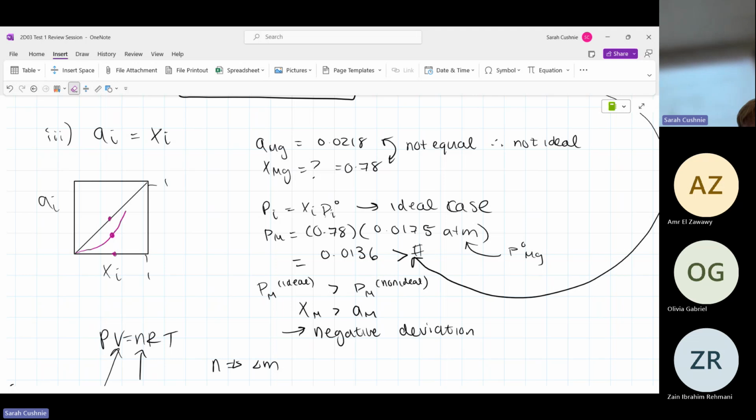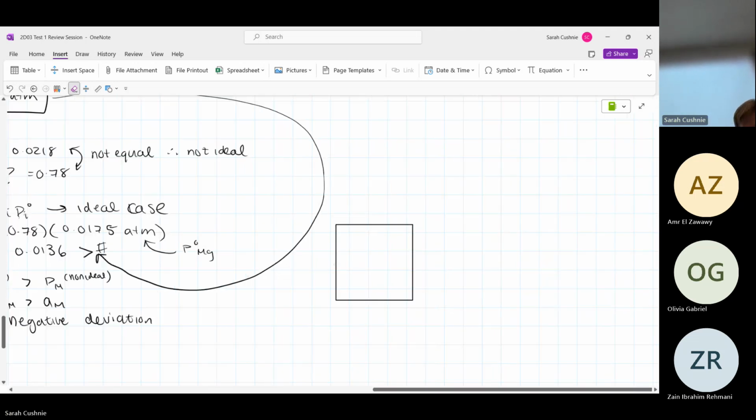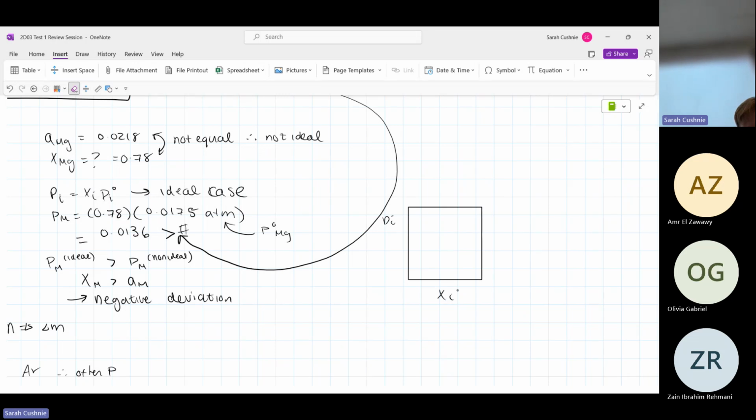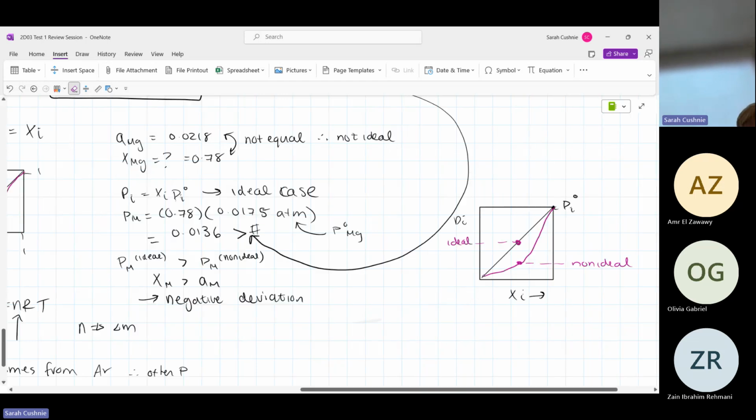Alternatively, P_i versus x_i, something like this. That would be the ideal case. Here we have P_i not, and ideal would be here, but we're actually somewhere over here, non-ideal. That demonstrates negative deviation again, because it's below.